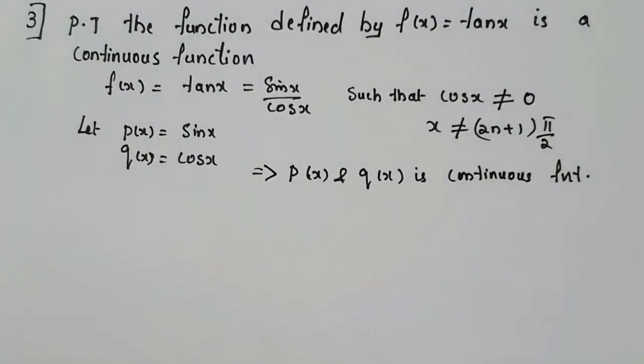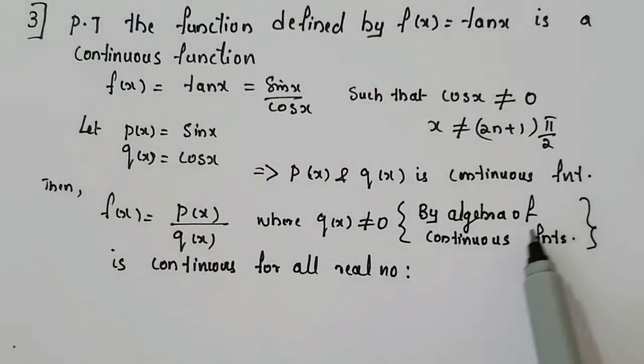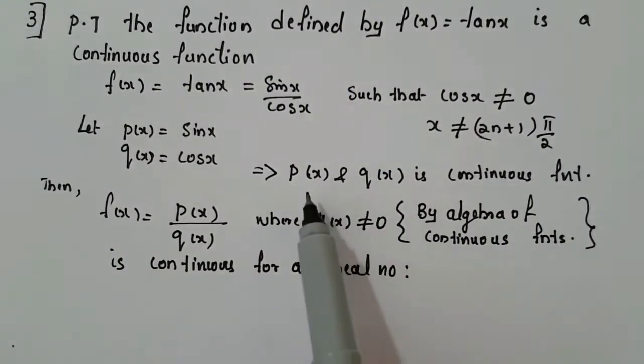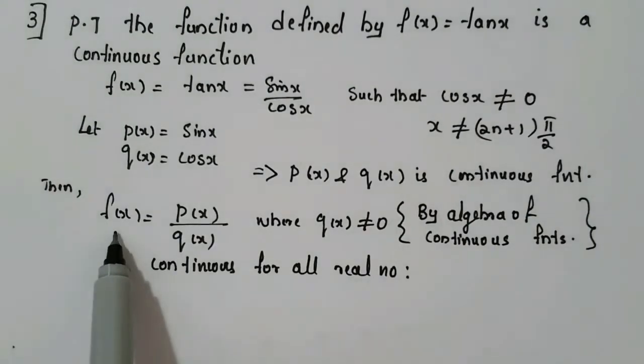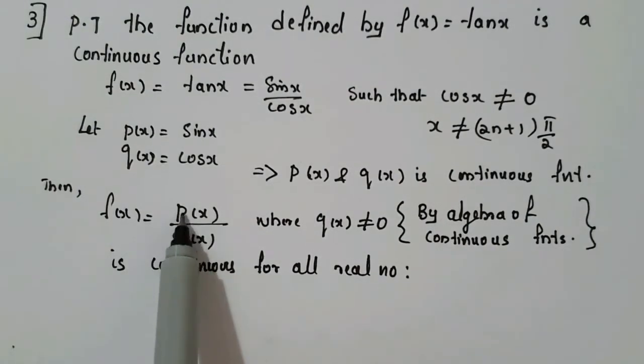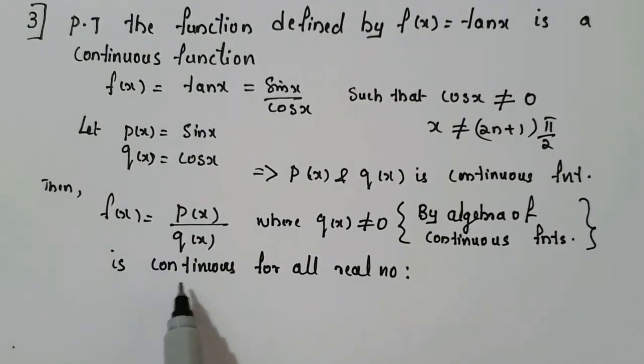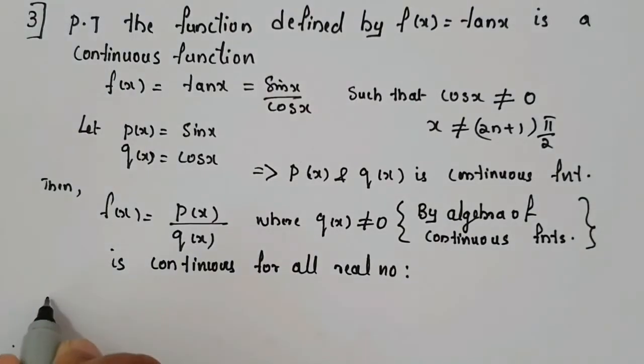Now, by algebra of continuous functions, if P of x and Q of x both are continuous functions, then f of x, being a quotient of two continuous functions, is also a continuous function for all real numbers such that Q of x is not equal to 0.